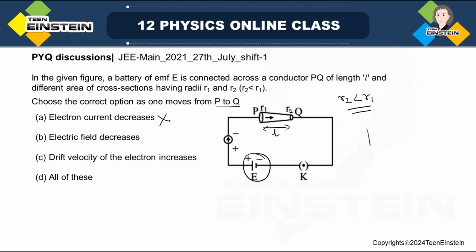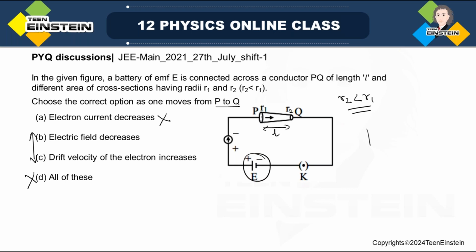See, n number of charges enters here, n number of charges should pass through this also. All right, so the rest of the things are these two. So this is not true. Since the first option is not true, I can strike out option D. So I have to check these two, whether electric field decreases and whether the drift velocity of electrons increases.